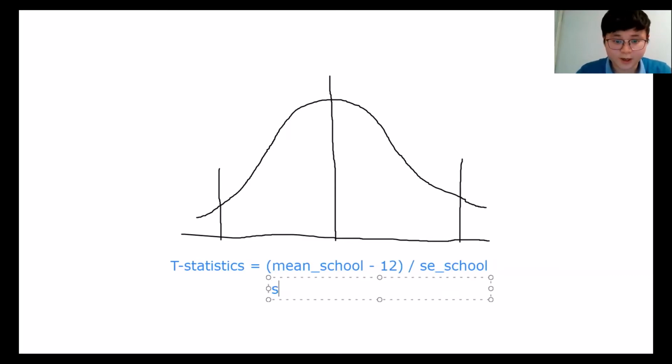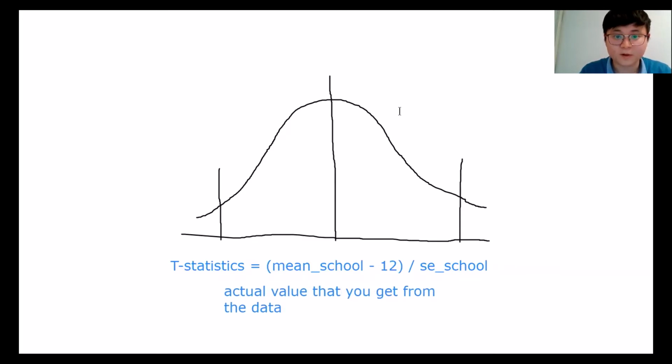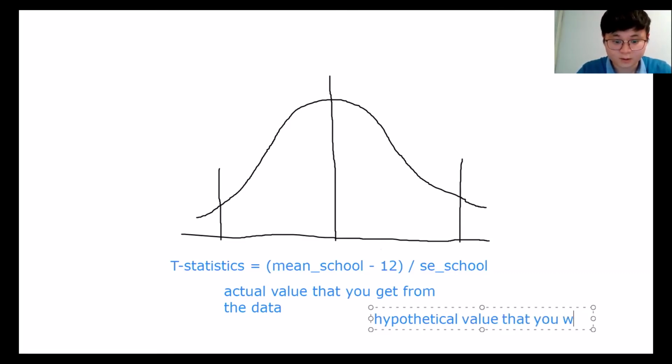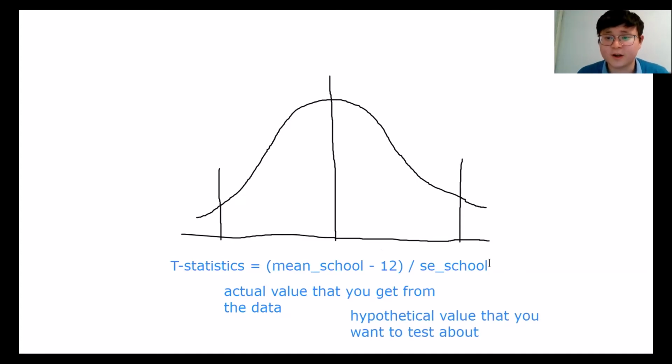So the mean school here is the actual value that you get from the data, and the 12 here is the hypothetical value that you want to test about. And then the standard error is the standard error.